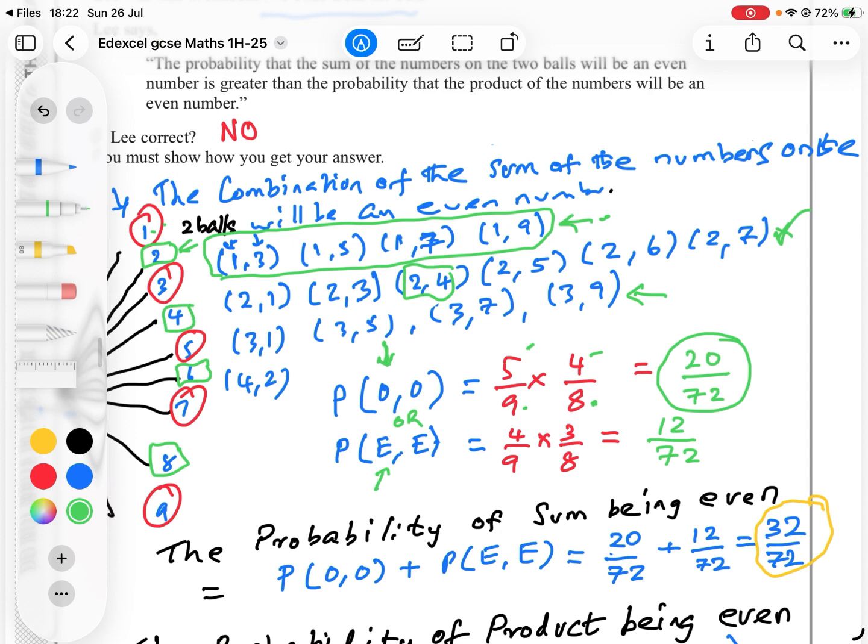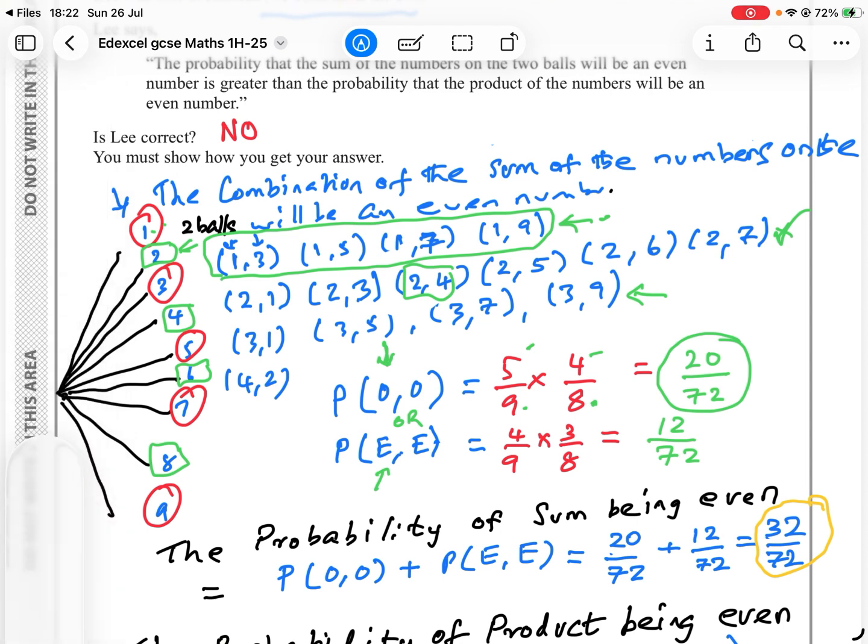So the first time, you have 4 possibilities. That means 4 over 9. When you take the second ball to be an even number, you already took one even number and didn't put it back. So 4 take away 1 is 3, 3 over 8, 12 over 72.